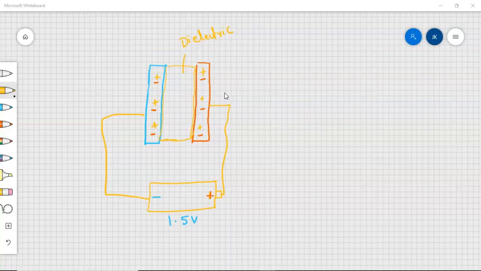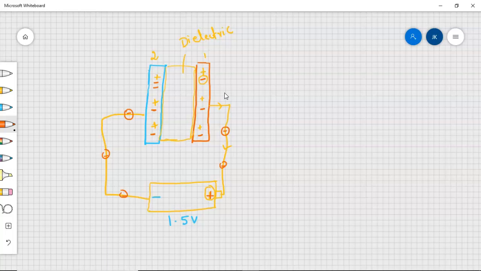After we connect the capacitor to a battery which has 1.5 volt, the positive terminal is connected to plate 1 and the negative terminal is connected to plate 2. What happens here? The electrons from plate 1 will flow, and the battery will push the electrons to plate 2.